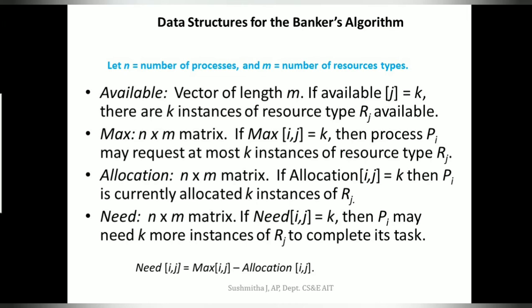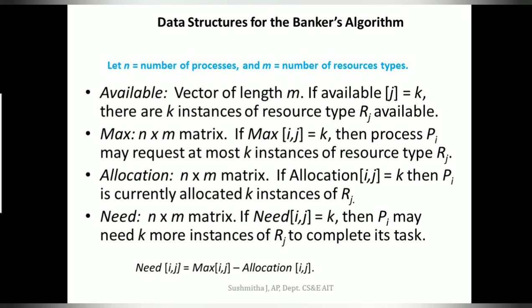I said there are 5 instances of resource R1. In that, it is asking for 2 instances. Now what is my available? It is 3. So that is the available vector that I have. After allocating it to various processes, how many instances of the resource type is available?